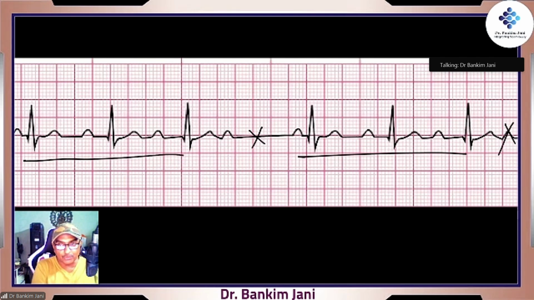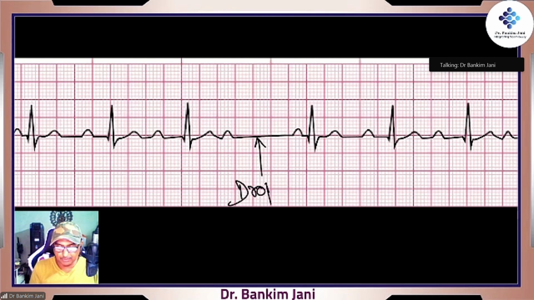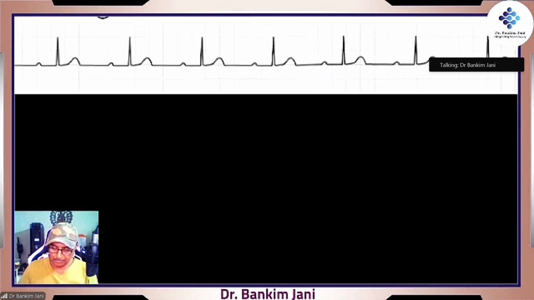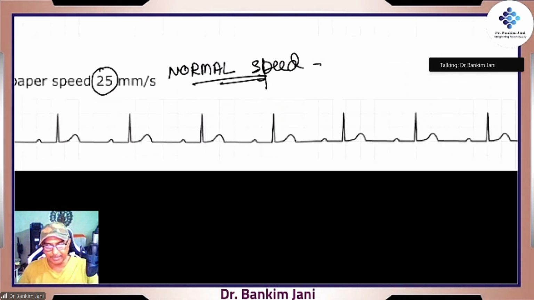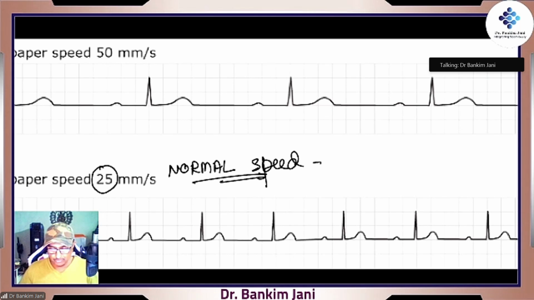So this is regularly irregular. That is said for pulse. Over here, it is said that this is a dropped beat. So in type 1, what we understood is that there is no drop beat. The moment there is a drop beat, the entire diagnosis changes. So there is no drop beat. This is continuous.